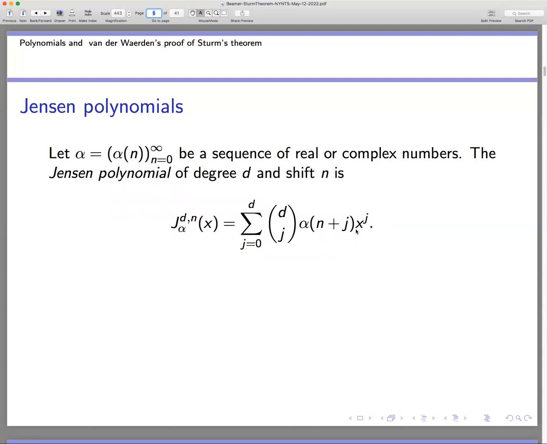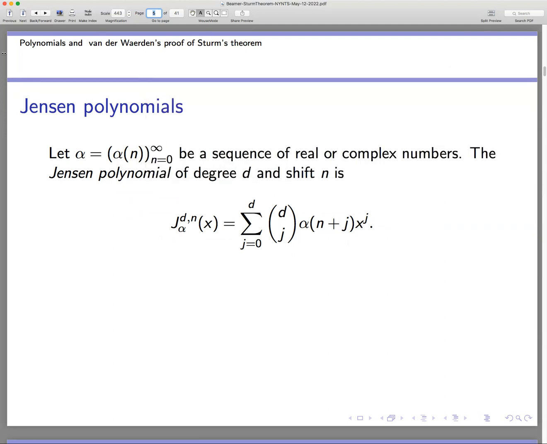This is a polynomial of degree d whose jth coefficient is the binomial d choose j times alpha of j, if there were no shift. n is a non-negative integer. If you shift by n, then your coefficients are alpha of n plus j. So this is the Jensen polynomial of degree d and shift n.